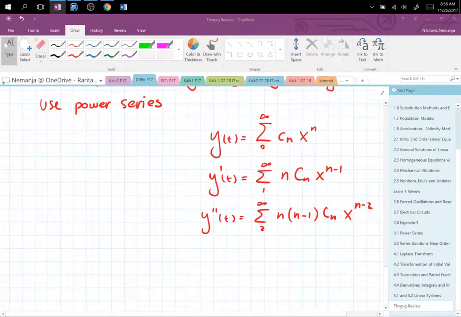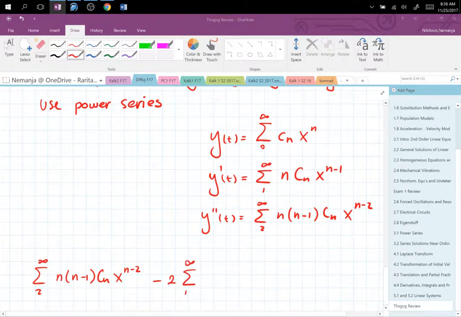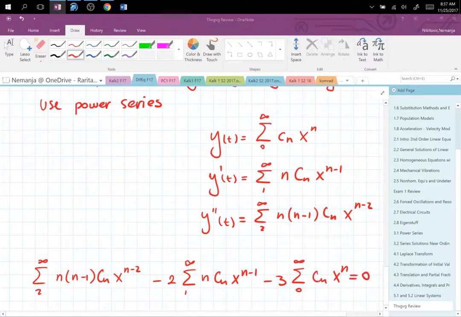So instead of y double prime, I have the summation 2 to infinity of n times n minus 1 cn x to the n minus 2, and then I have minus 2 times summation 1 to infinity of n cn x to the n minus 1, and then I have minus 3 times summation 0 to infinity of cn x to the n equal to 0.